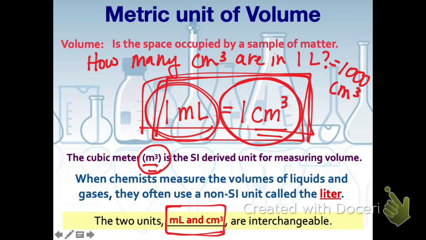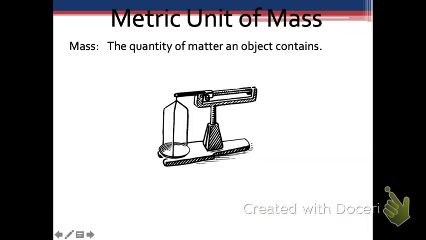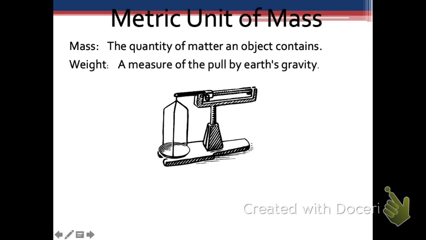All right, last thing here. We're going to talk about how we use it with mass. We've talked about length and volume, and now mass. Mass and weight mean two different things. We don't need to know too much about their distinction right now, but mass is the quantity of matter that an object has, and weight is how much Earth's gravity affects that mass.